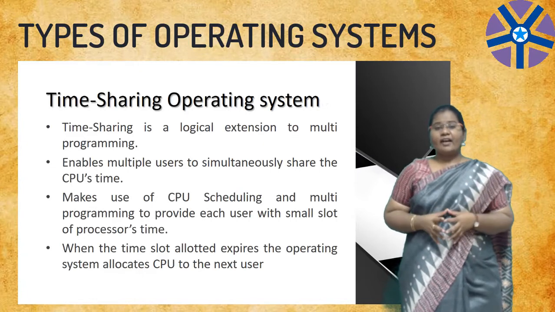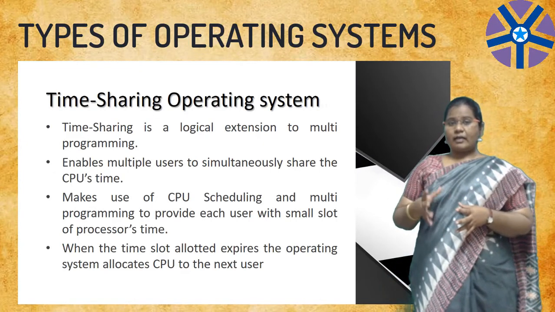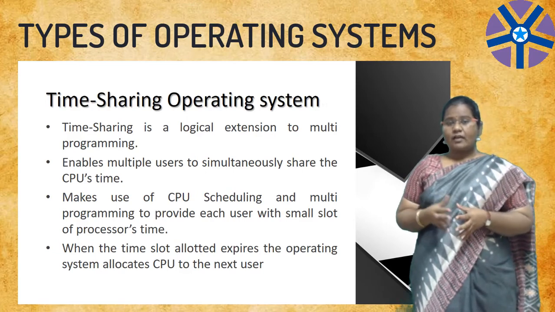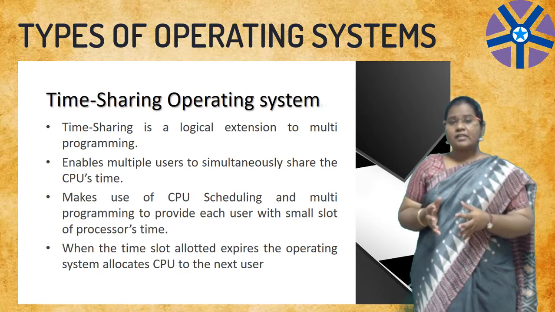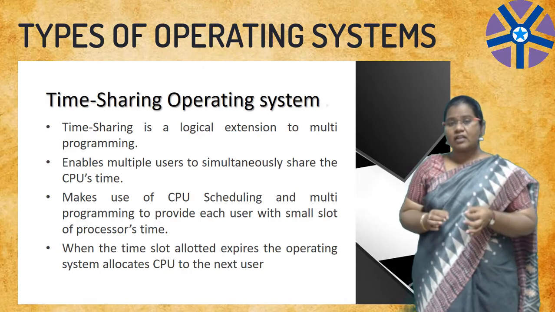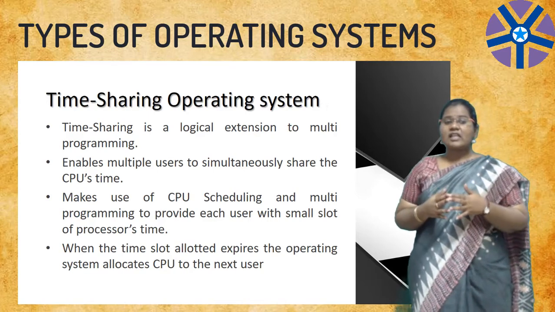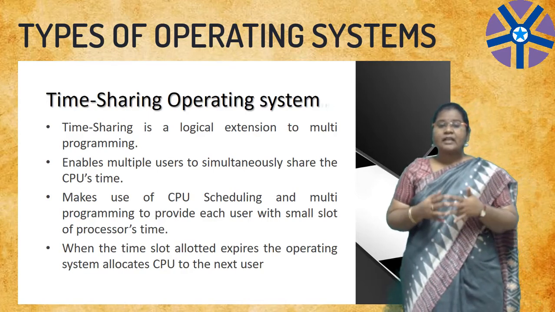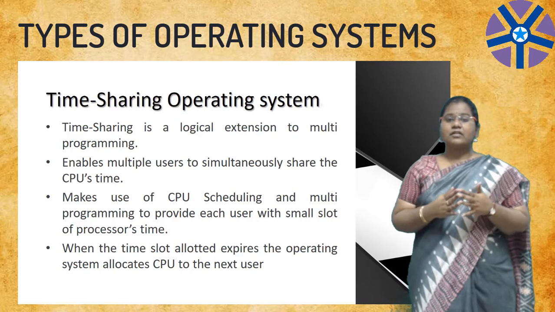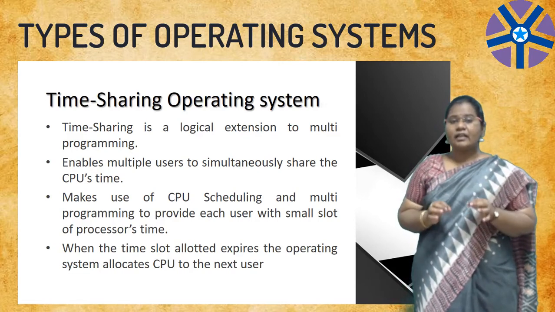So next we have the time sharing operating system. In multi-programming, we have seen that the job leaves the CPU only when an event has occurred, meaning when it needs some resource. Whereas in a time sharing operating system, the job will leave the CPU only after completing the stipulated time.